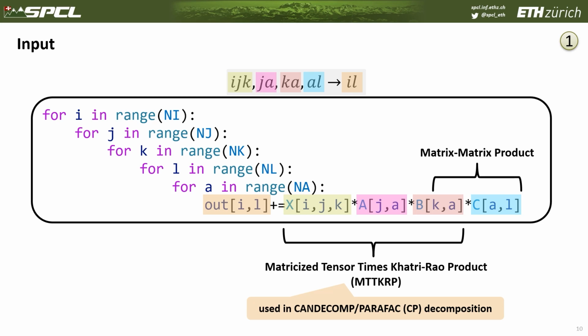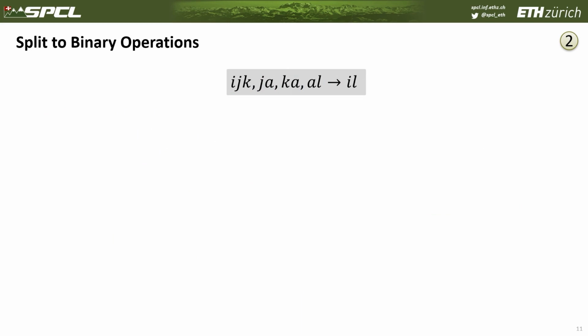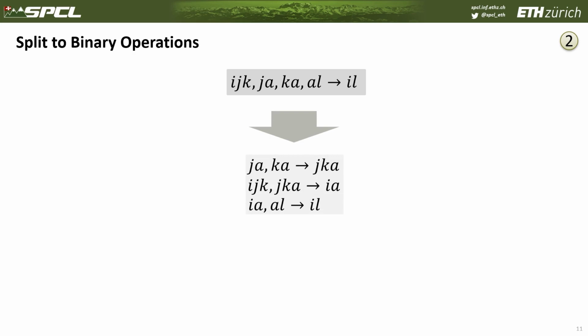Now, if we look at the total number of operations for this naive implementation, we will see that this is approximately equal to the product of the ranges of all the for loops. Now, in the second step, we split our program to binary operations in order to minimize the total number of flops. For our particular example, we split it to 3 binary operations using the Python module opt-einsum.